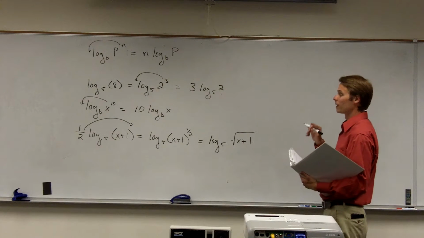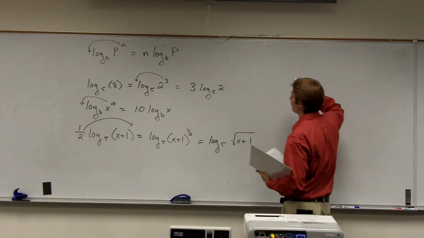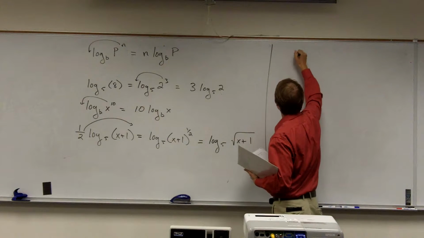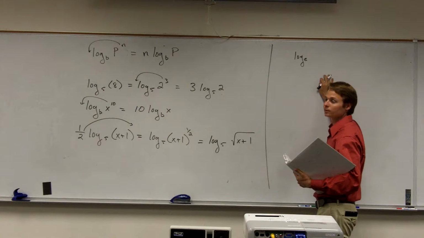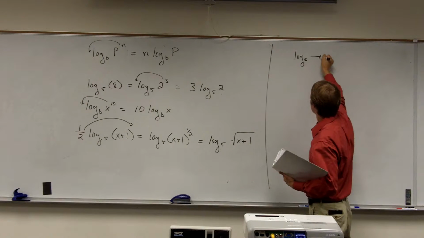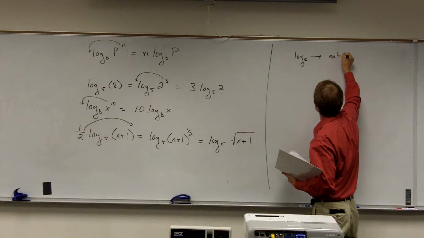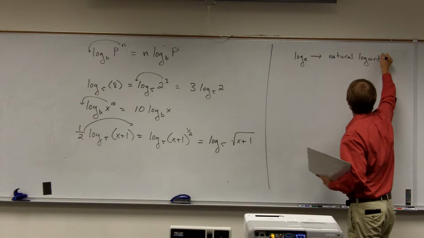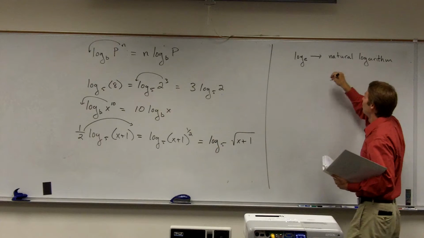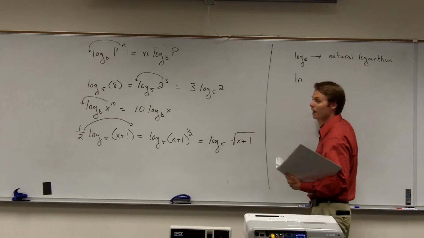Now we do have a logarithm that's a special base, and that's log base e. We have a special name for this. We call this the natural logarithm, and we write it as just ln.